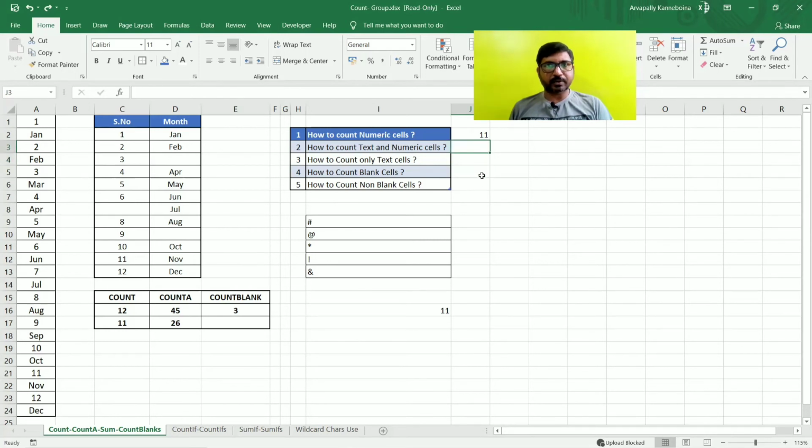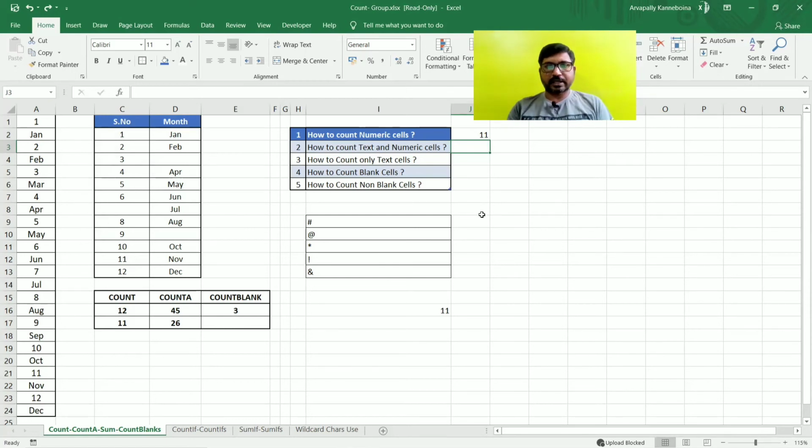So second question, how to count text and numeric cells. This question is how to count text and numeric cells. Nothing but special characters are also text only.